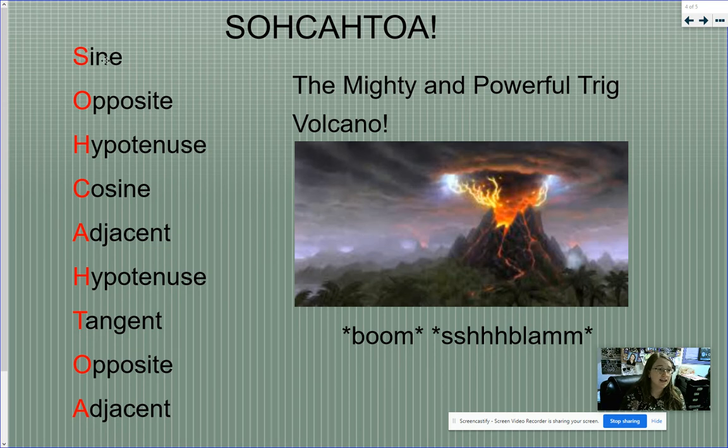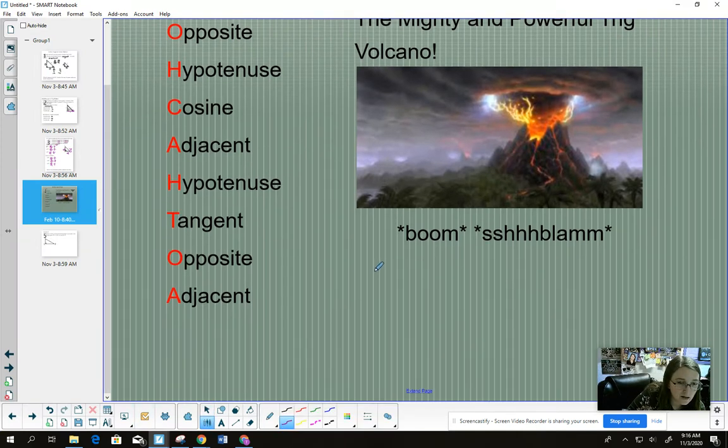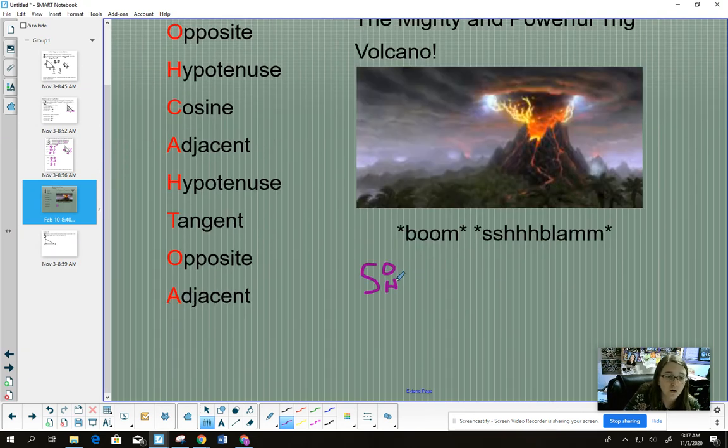SOH CAH TOA is the mnemonic device, which just is a way for you to remember which sides go with which trig function. So this is not in the notes packet, so I'd recommend to write this down. Now, we see it like this. Sine is the opposite over the hypotenuse. Cosine is the adjacent over the hypotenuse. And tangent is the opposite over the adjacent. However, I write it like this typically. Sine is opposite over hypotenuse, because we see sine separately from its fraction. We can go, okay, sine, there's its fraction.